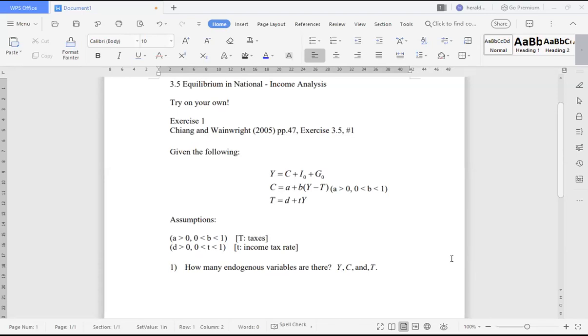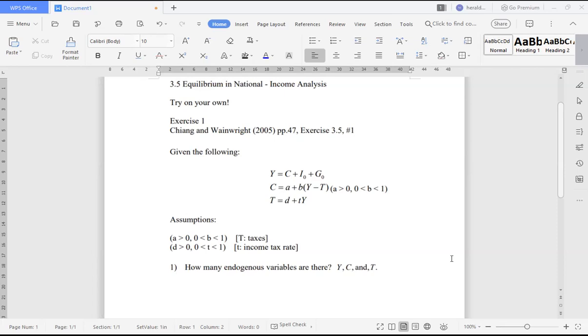Okay. Great. What else? I forgot, I have overlooked something in the tax function there. So D again is our intercept. That would be the level of taxes collected. Small letter t, class, is the coefficient on Y in the tax equation, and that would be the tax rate. So let's have a number.